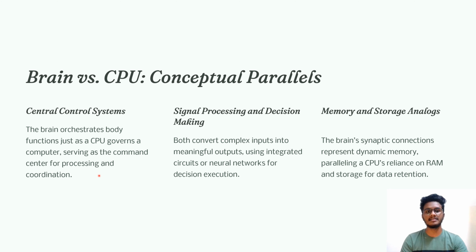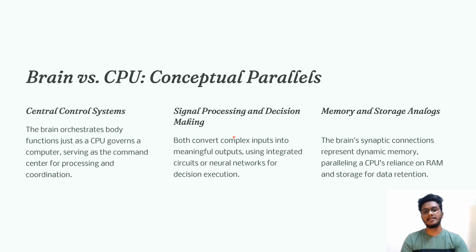The brain is like the message sending part of our body, which commands and handles process coordination, signal processing and decision making. Both convert complex inputs into meaningful outputs using integrated circuits or neural networks for decision execution.